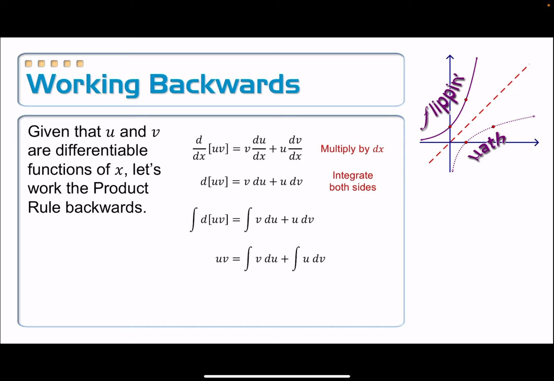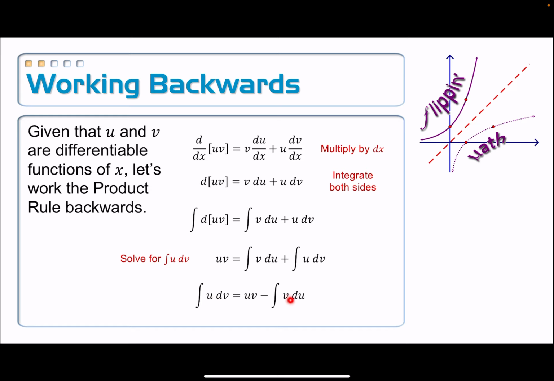In integration by parts, what we do is rearrange these two things. We're going to solve this for the antiderivative of u dv by subtracting the antiderivative of v du to the other side of the equation. And then what you have here, ladies and gentlemen, is integration by parts. The antiderivative of u dv is equal to uv minus the antiderivative of v du.